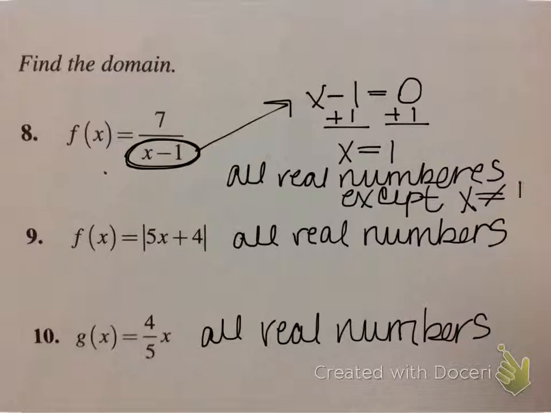I'm sorry, not -1, +1. There's other ways to write it too. It just depends on what MyMathLab is asking you for. If they want something called interval notation, then I can show you how to do that as well. But I think for this, they'll just have you put in the number 1 for that. So all real numbers except x cannot equal 1.